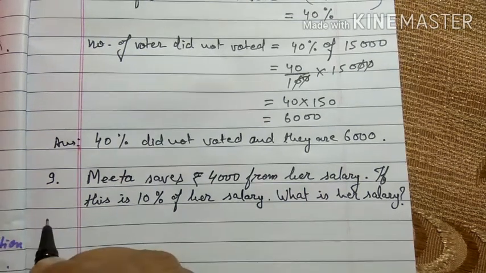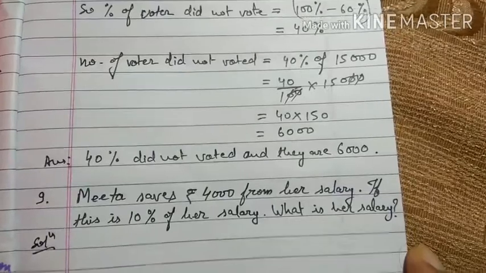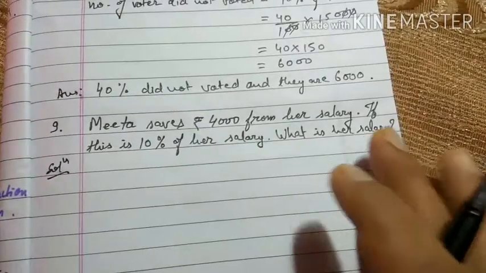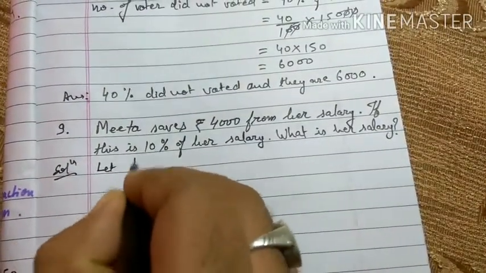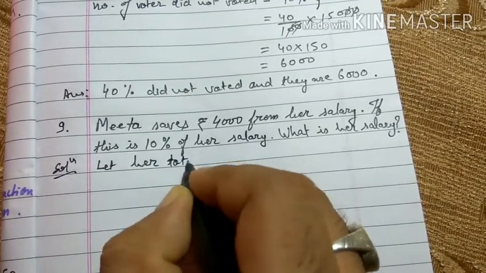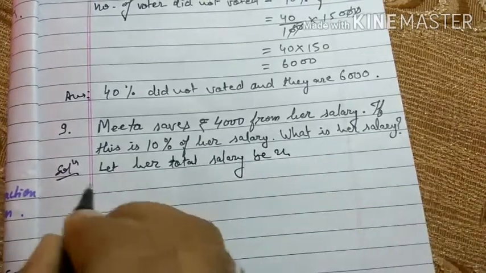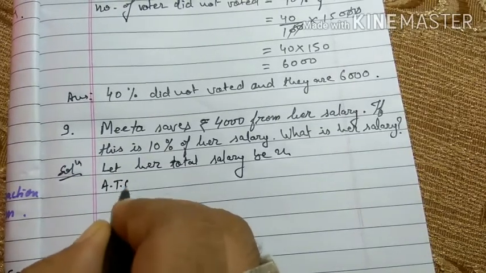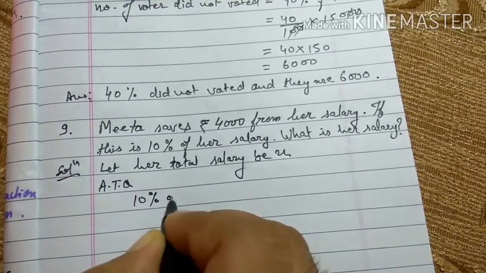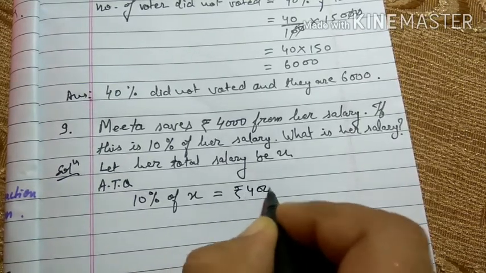So for that, the solution part of this is, let the total salary be X. We have to take, let her total salary be X. So according to the question, 10% of her salary means 10% of X is rupees 4,000.